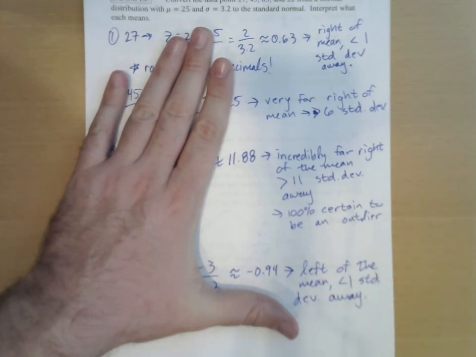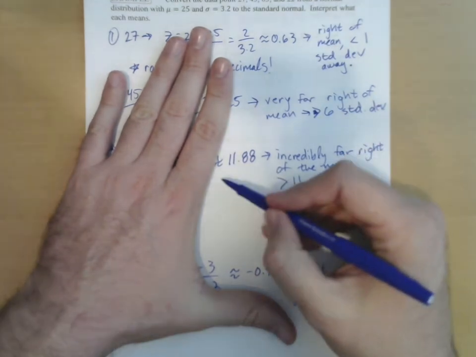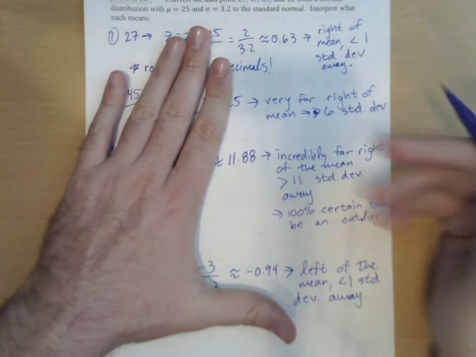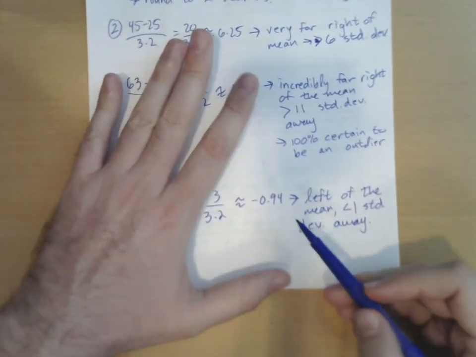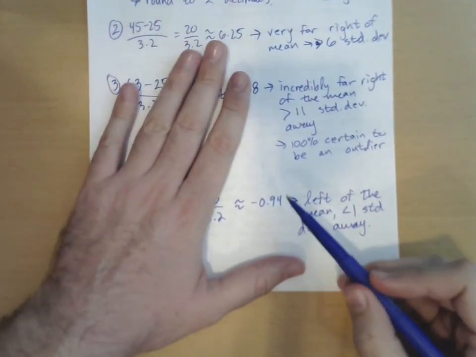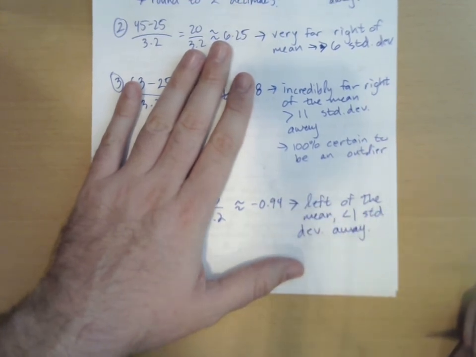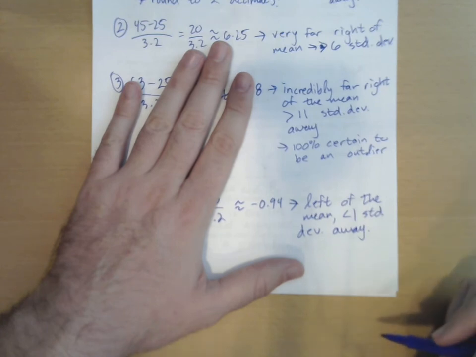I don't need to know what the other data is. I don't need to know what the data is representing. I know that this big of a z-score, super far away, probably not going to have anything to do with the other data points. Complete outlier. Similarly, I can look at -0.94 and go, okay, we're a little bit less than the mean. We're still within 1, so there's probably going to be a lot more data points that are similar to this because we're within 1 standard deviation from the mean.